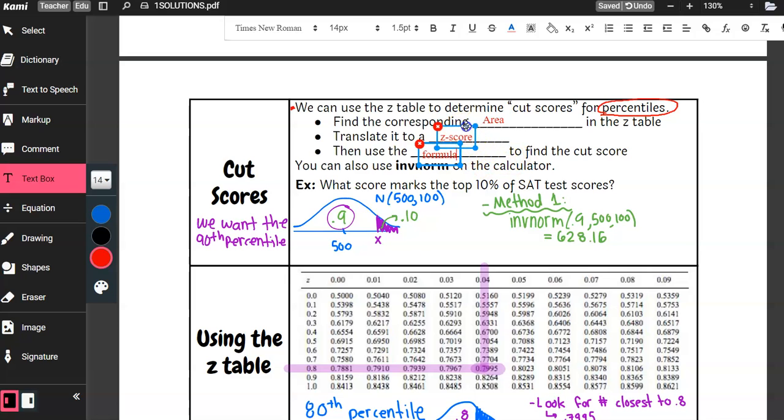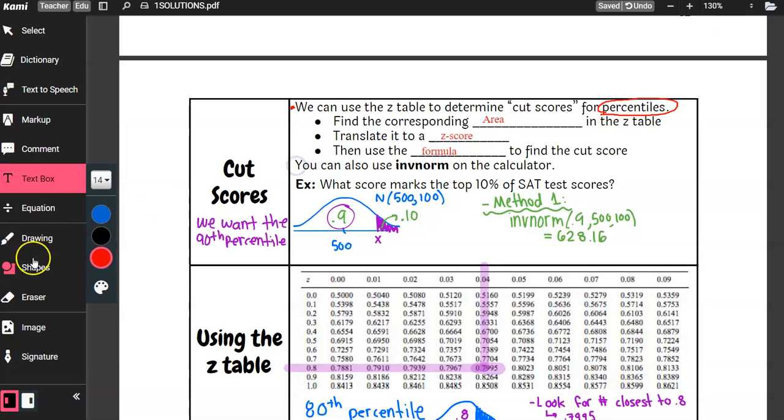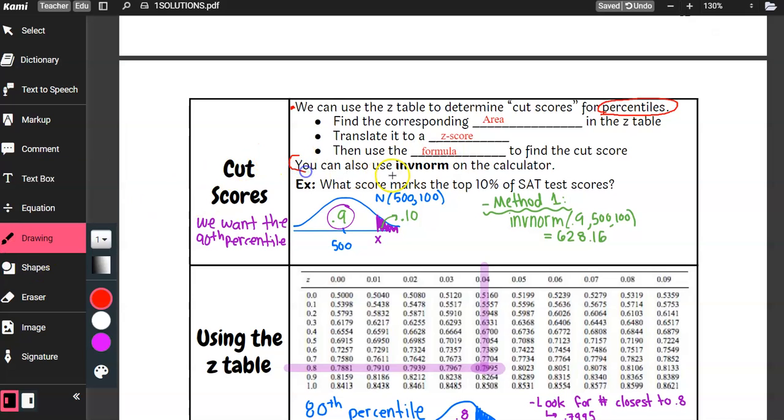So let's do a quick example for that. You could follow these 3 steps, and also remember that we could use the calculator.